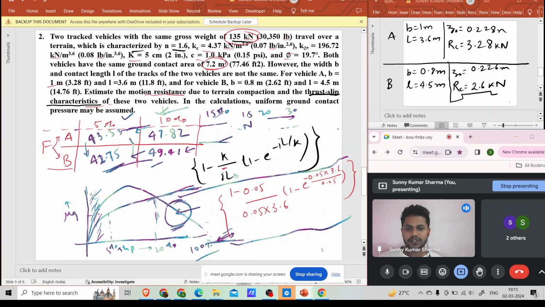So we want to do the calculation for 15% for visualization. But the thing which we want to conclude is clear from here. You have some error in this calculation also, because for vehicle B the length of the track is higher, that we have seen here.